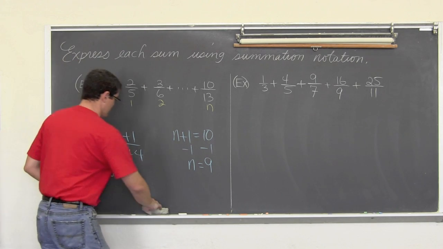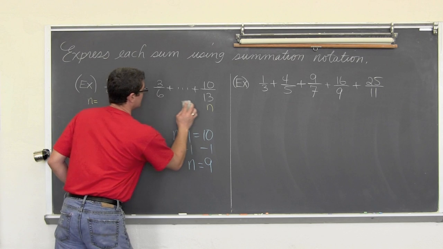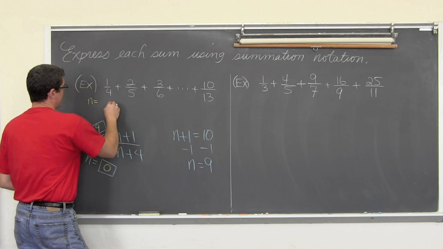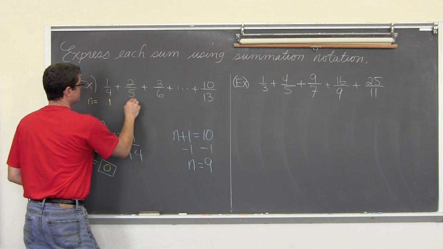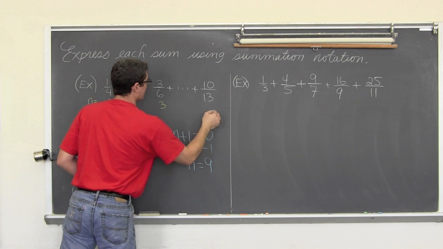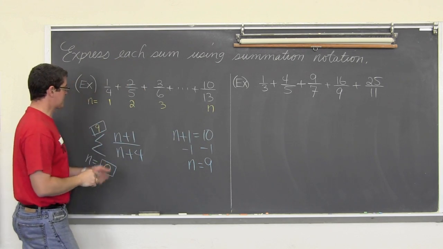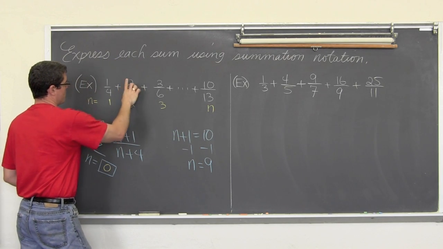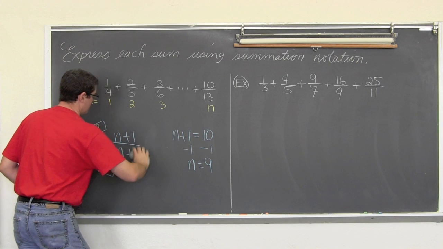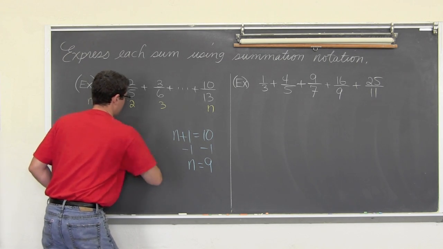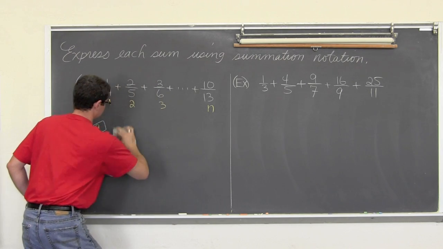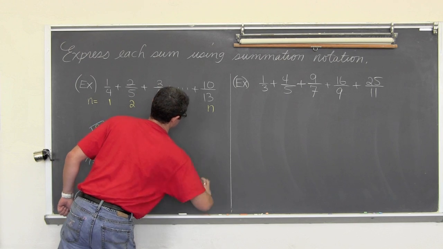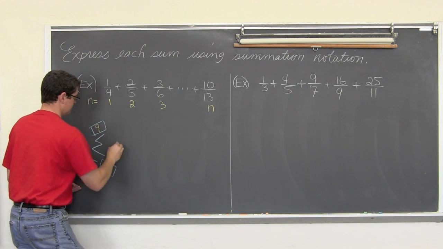Now you might have been going, Mr. True, if you had just started your n values at 1, then this expression could have been, well, that's 1, 1, 2, 2, 3, 3. So my numerator would just be n.